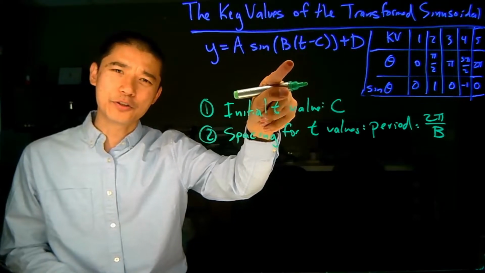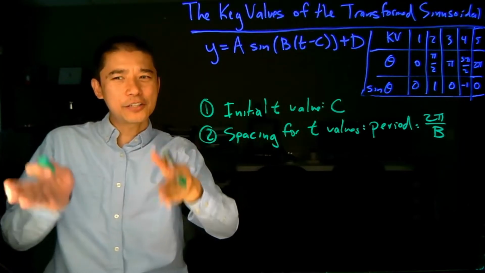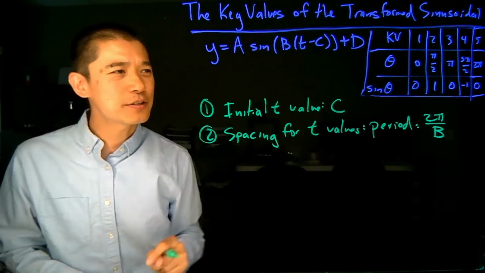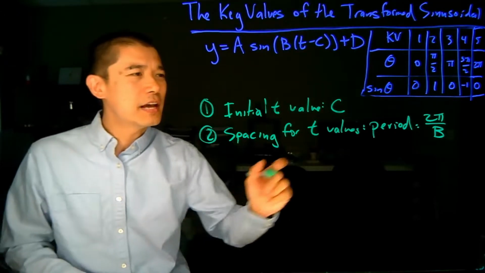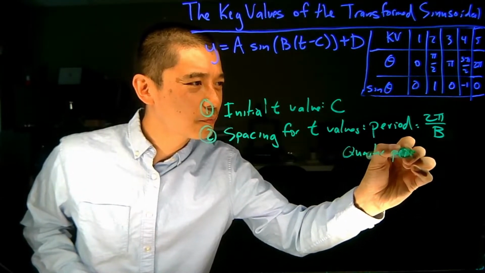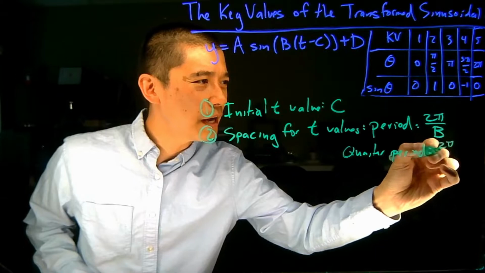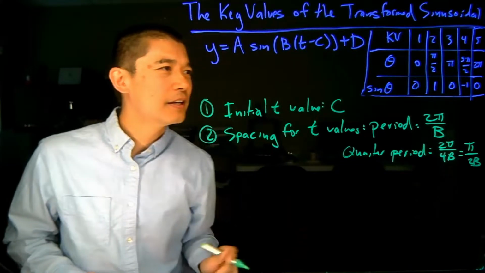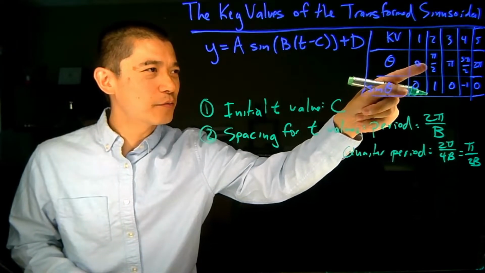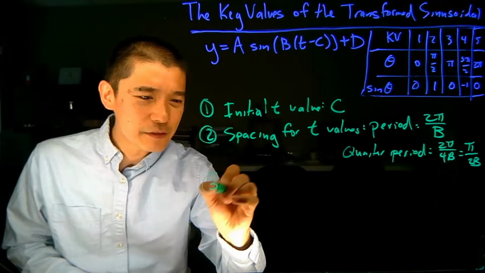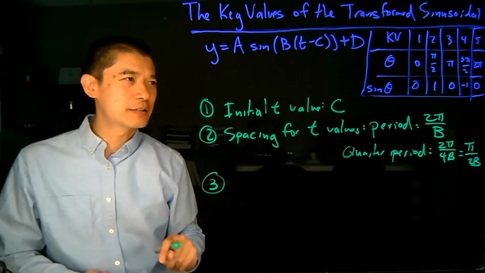So if b is equal to 2, then the period is half as long because you have to fit twice as many periods in the same amount of time that you did originally. So this is the formula for the period. And then the quarter period is just a fourth of this, so it's going to be 2 pi over 4b, which is also pi over 2b. And so this gives us the spacing to go from one to the next to the next. And then we have to look at the vertical values, which is this line down here.